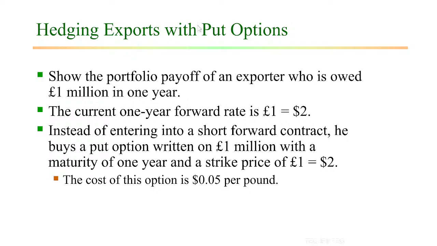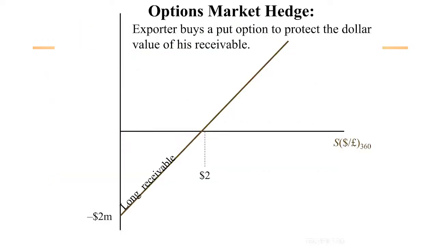The put options will be just the opposite of call options. Basically, the exporter will use them. If you do not hedge that receivable, because you own that foreign currency, then if the exchange rate goes up, you profit. If the exchange rate goes down, you lose value.